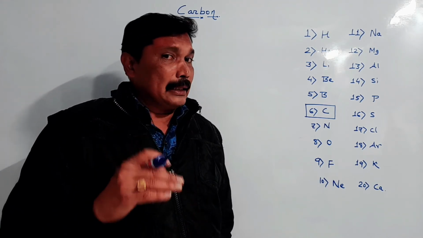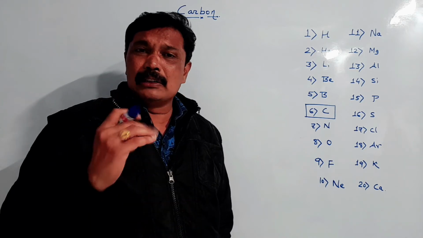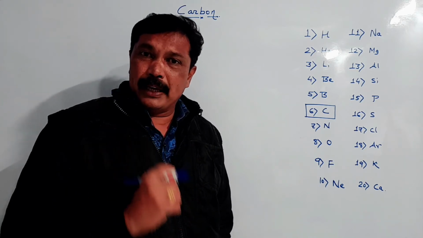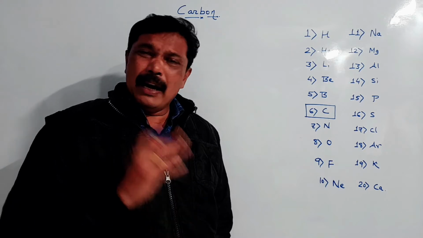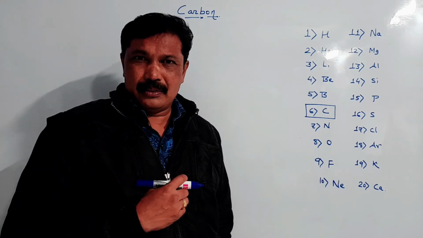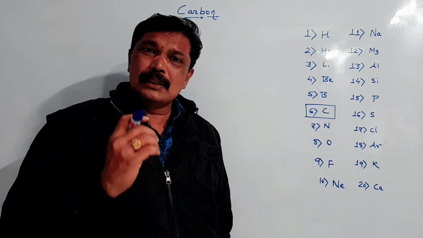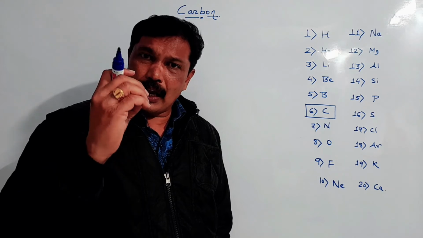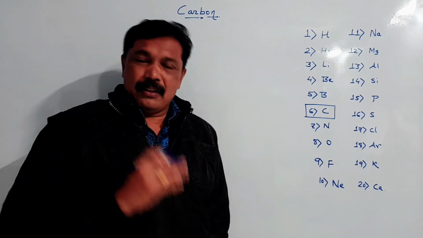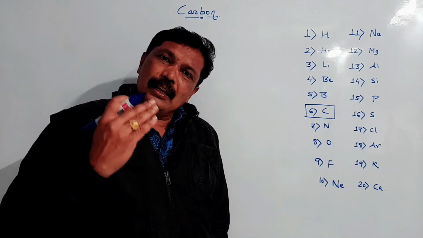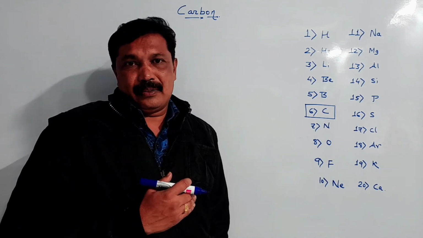My dear student, in the next lecture we will study what is atomic number, why atomic number is important, and what is the importance of atomic number in the study of carbon. We will discuss in the next lecture.